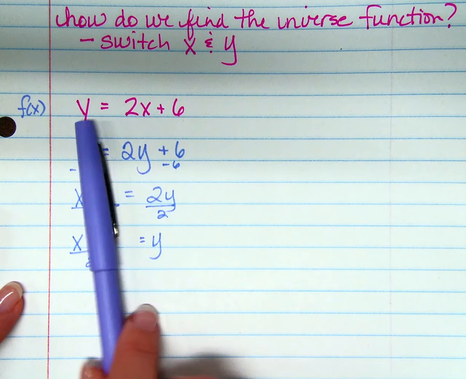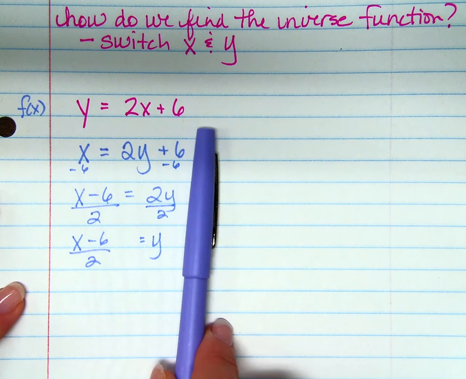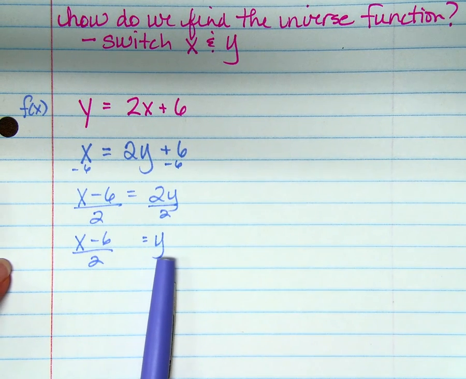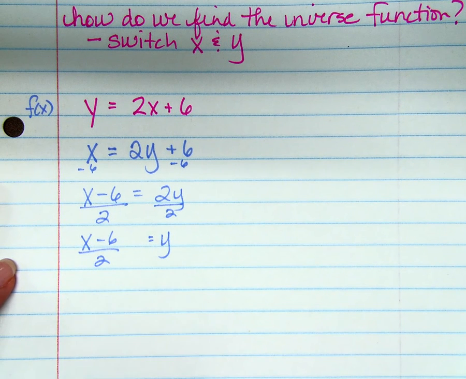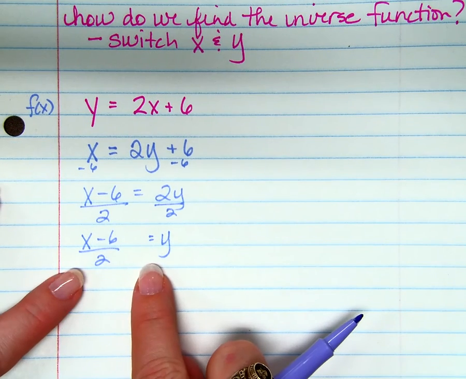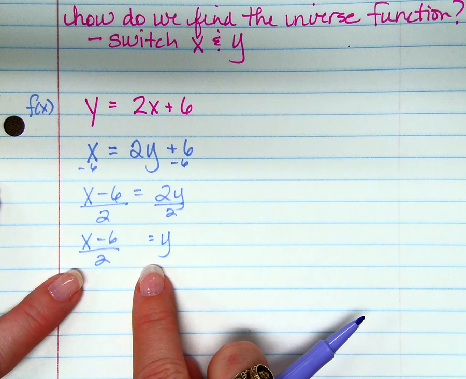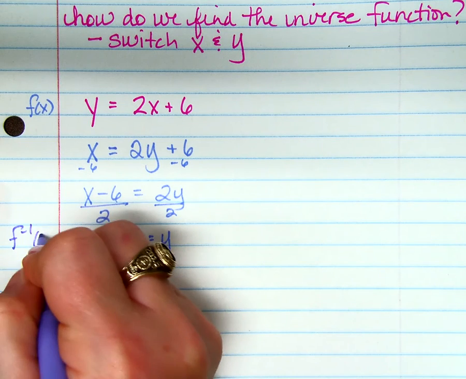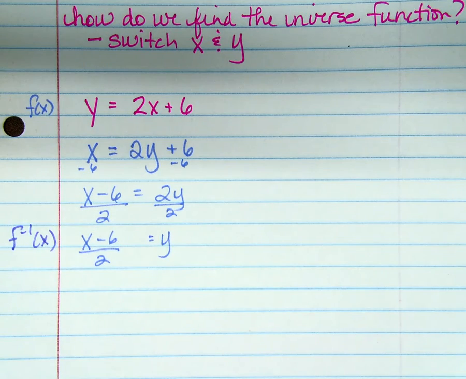But is this a vertical line? No, so is this a function? Yes. Is this the inverse? Yes. Is it an inverse function? You could. What shape is it? It's a line. Is it a vertical line? Then it's a function. Okay?